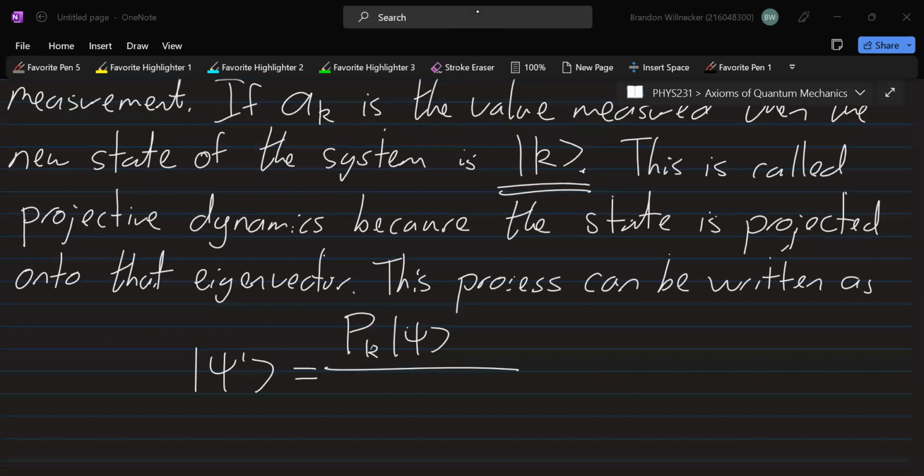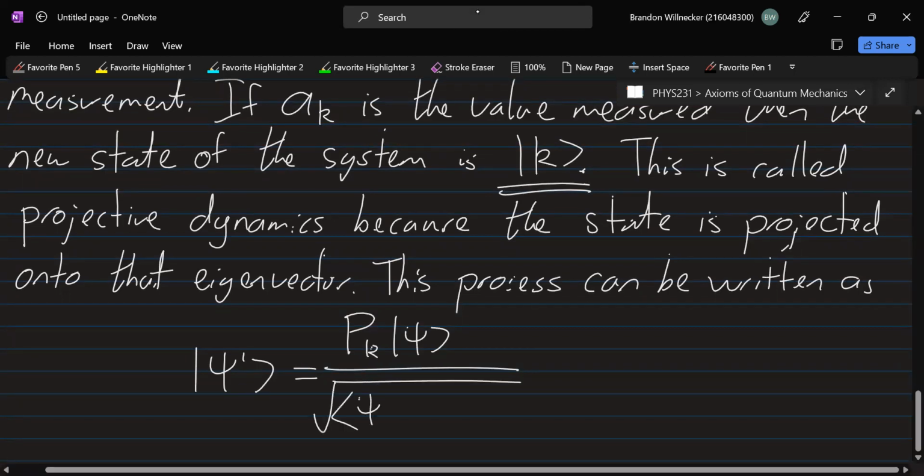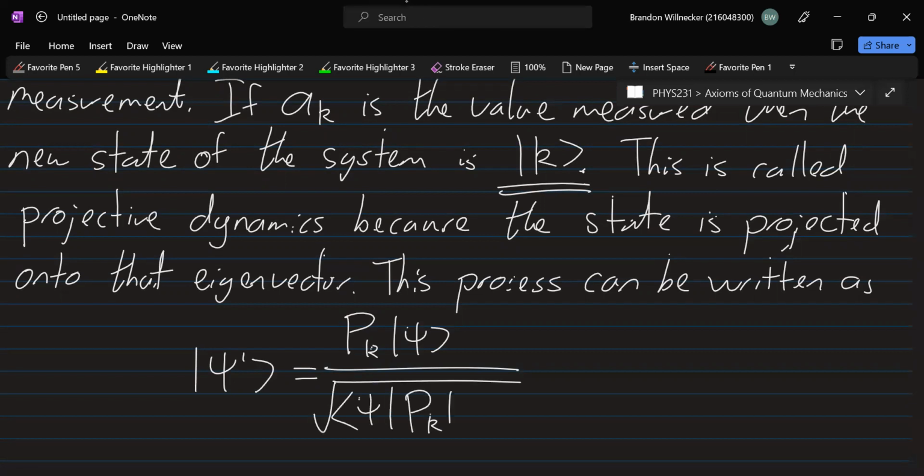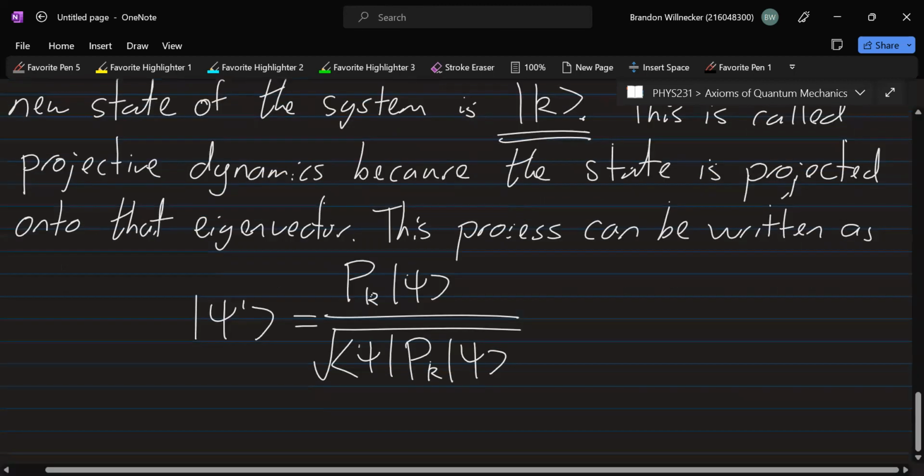But remember, the states have to be normalized, so we have to divide by the inner product of the state with the projected state. Where P_k is a projection operator.